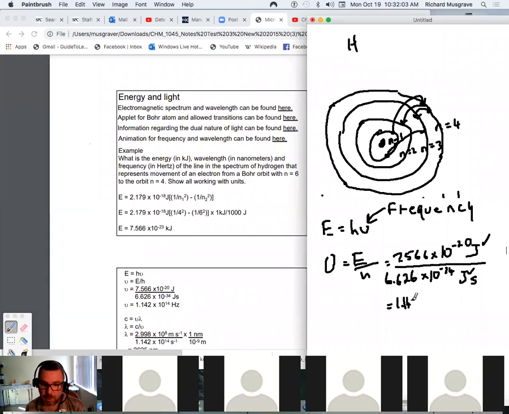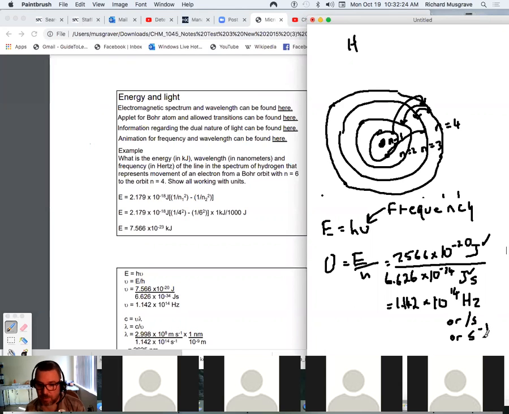Now, I want everybody to try this in their calculator, please. 1.142 times 10 to the 14 hertz, or if you wanted to, seconds to the minus 1, or per second.